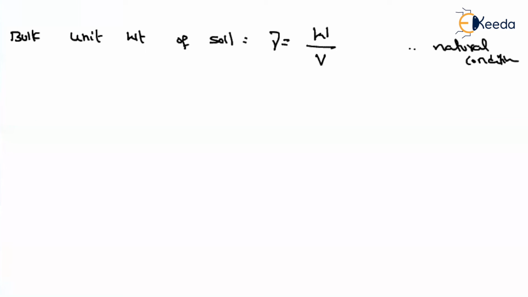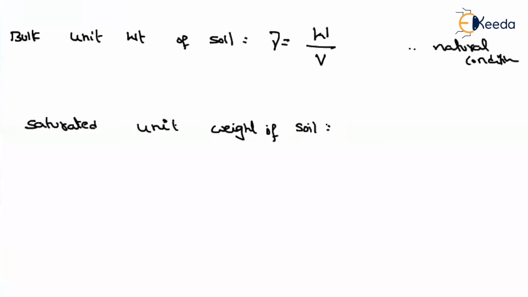So this is in the natural condition. Now let us talk about the saturated unit weight of soil. That means if you are taking a soil and it is completely saturated, then we define it with the saturated unit weight.